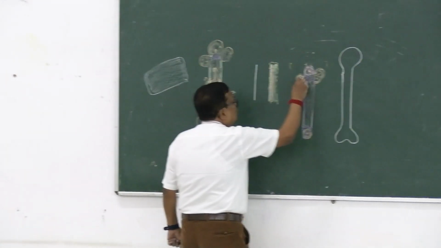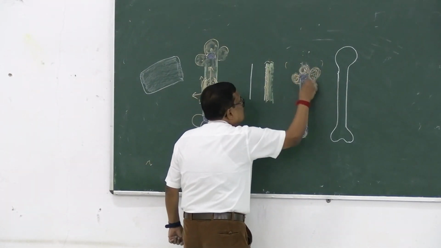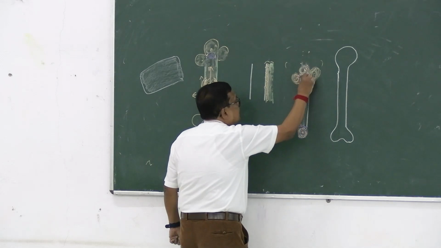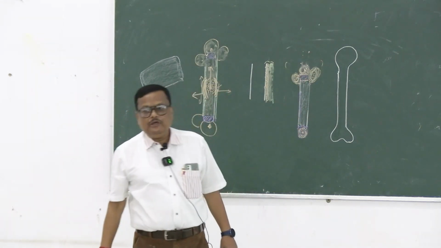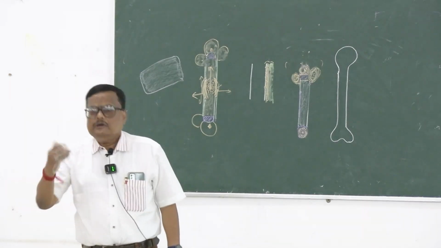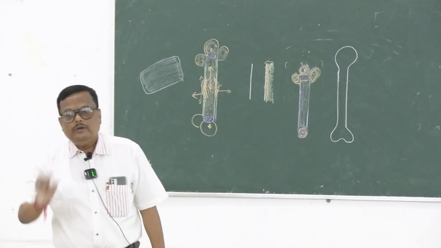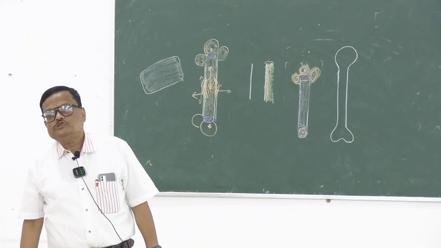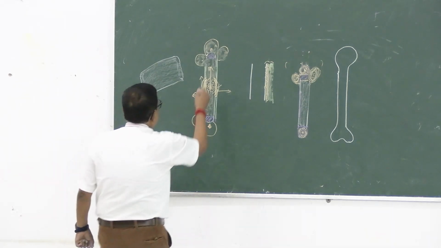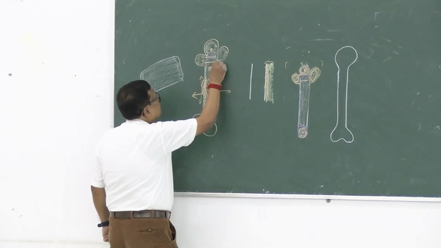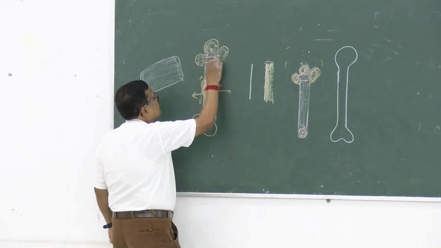So these become bone, these become bone, these become bone. But this part, more or less up to the adult period, 17 to 19 years, depending upon the bone, a plate of cartilage is present here between this epiphysis and the diaphysis.